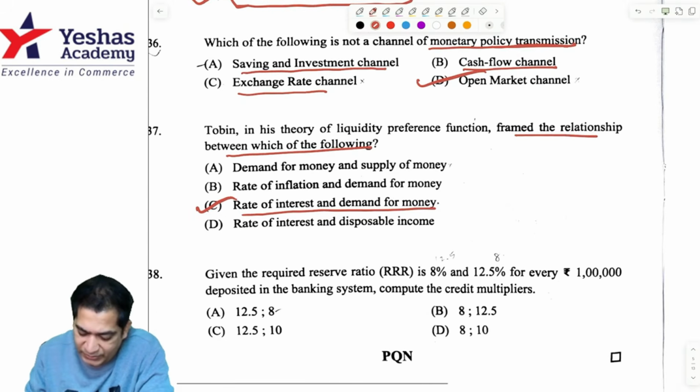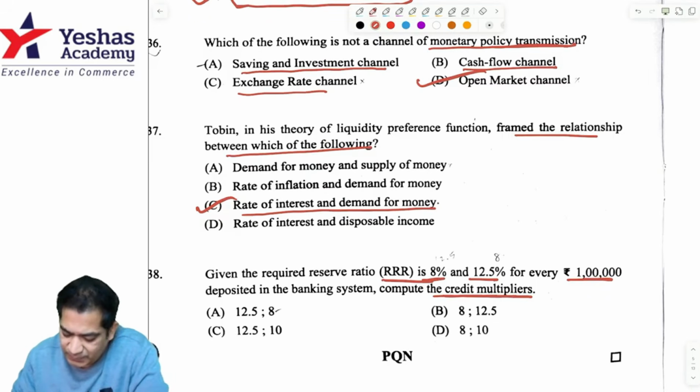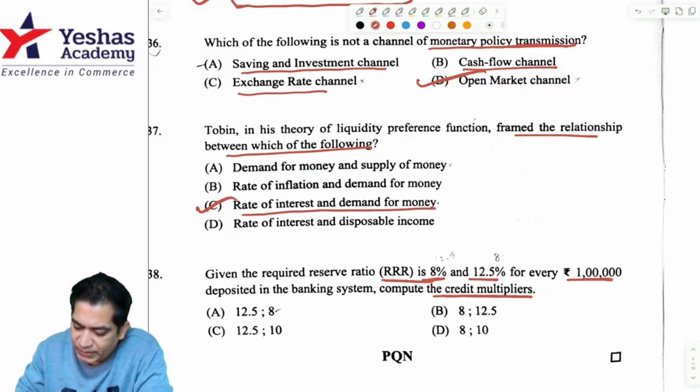Given that required reserve is 8% for every 1 lakh deposited in the banking system, compute the credit multiplier. So what was the formula? Credit multiplier equals 1 by required reserve.